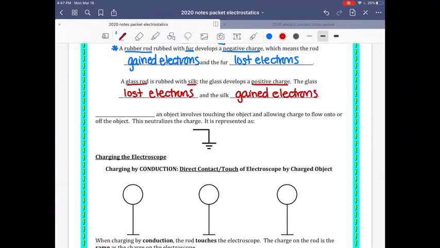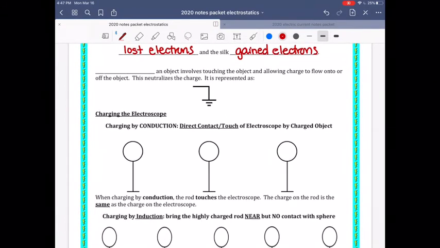So once again, something became positive, not because it gained more protons, but because the electrons went from the rod to the silk. And I know this feels like it doesn't make sense, and why do we have to know this? But this is just one of the definitions that we have to learn and realize. So fur is always negative, glass is always positive.